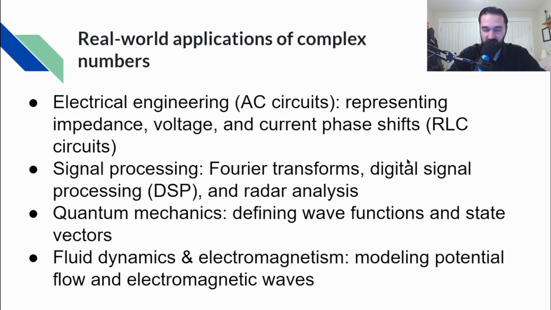For now, though, let's stop and ask ourselves, why are we doing this? Why does this matter? Why do complex numbers matter? Well, this is a short list of real-world applications of complex numbers, where imaginary numbers are being used: electrical engineering, signal processing, quantum mechanics, fluid dynamics, and electromagnetism.